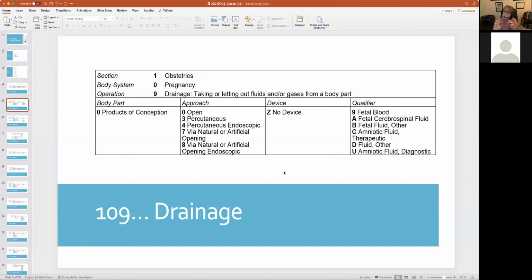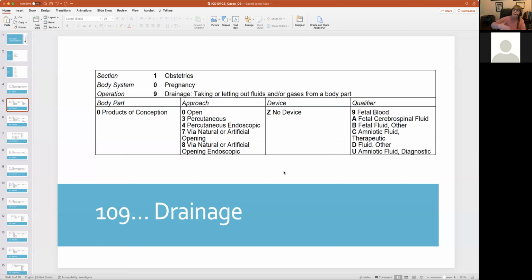You'll notice that there are two different letters available for your 7th character that mention amniotic fluid. Okay, therapeutic and diagnostic. So if a woman is having an amniocentesis to see if they're going to do genetic testing or just to make sure the baby is okay, that's diagnostic.